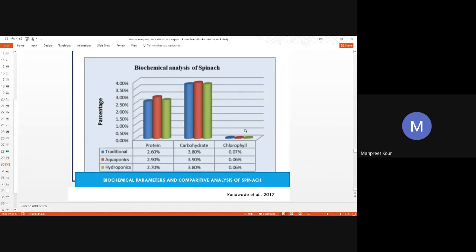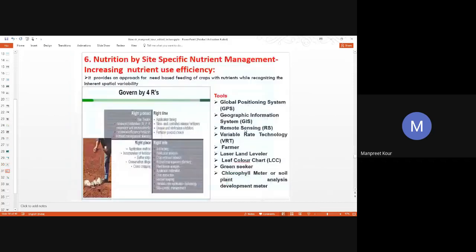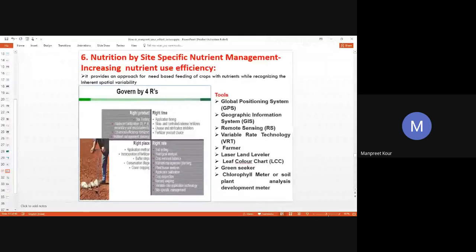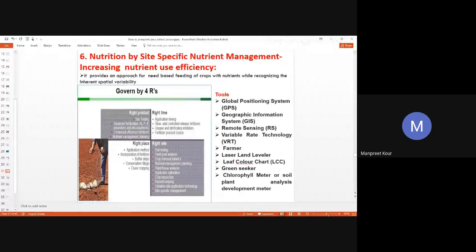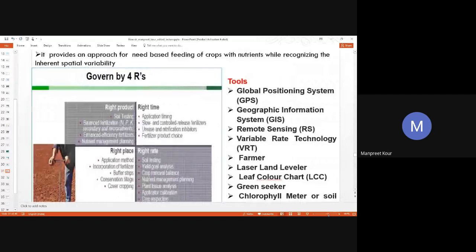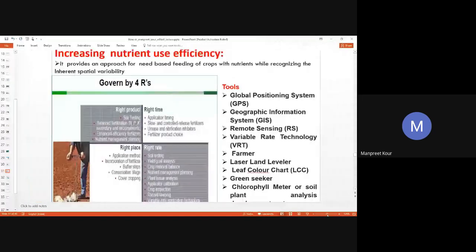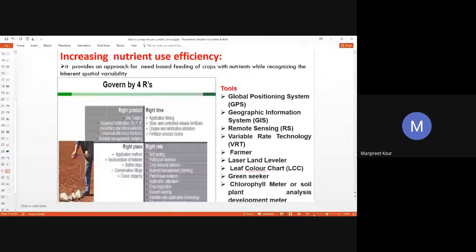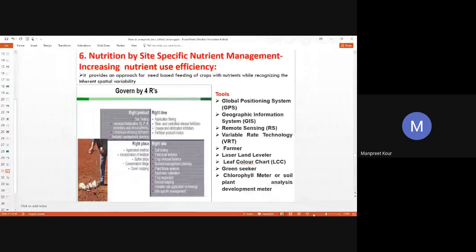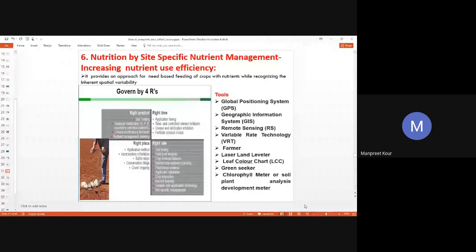Next slide, please. Another high-tech technique is site-specific nutrient management. Its main principle is to increase nutrient use efficiency. It is governed by 4R: right product, which depends on soil testing, balanced fertilizer and enhanced fertilizer efficiency; right place, meaning we have to give our fertilizer at the right place; right time; and right rate.